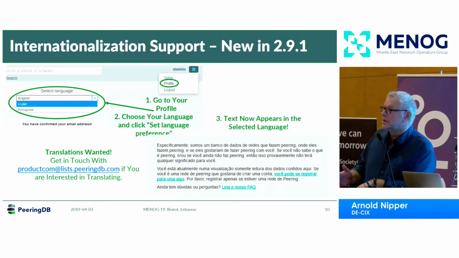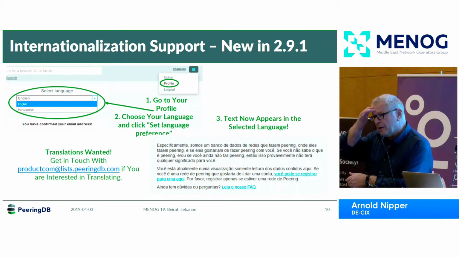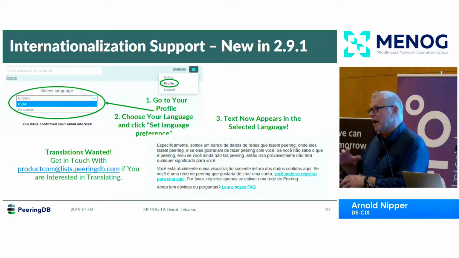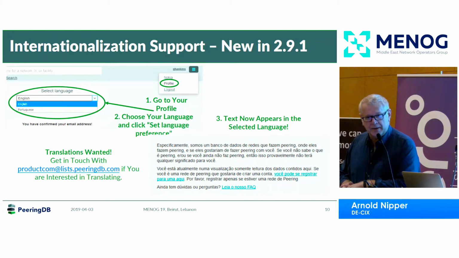The next is, and also we had a presentation on that in the morning, internationalization. When we started PeeringDB, the user interface was only available in English. Because of the high demand for Portuguese, we implemented Portuguese as the first language last year already. And meanwhile, we have set up a whole process to have PeeringDB in any language.